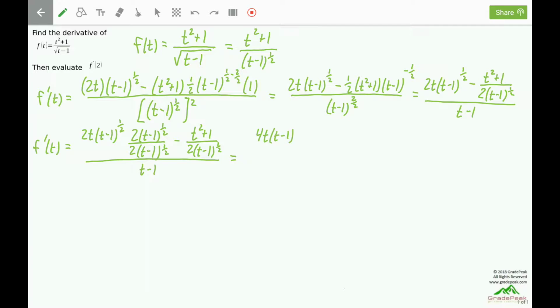And then notice we're subtracting this other fraction, so that means you're subtracting that entire numerator. So minus t squared plus 1 all over, it's now over the common denominator, which is 2 times t minus 1 to the 1/2. And then the entire thing is over t minus 1.